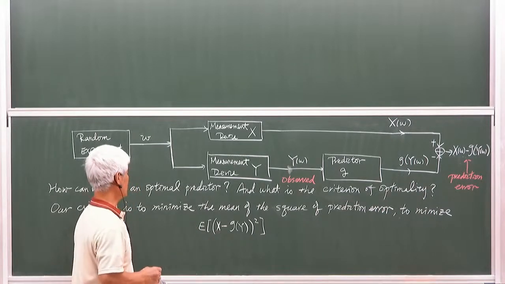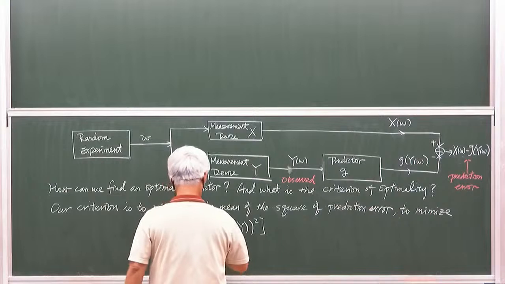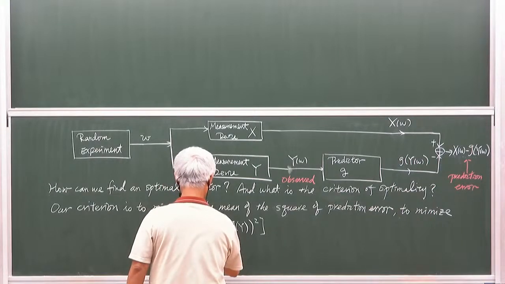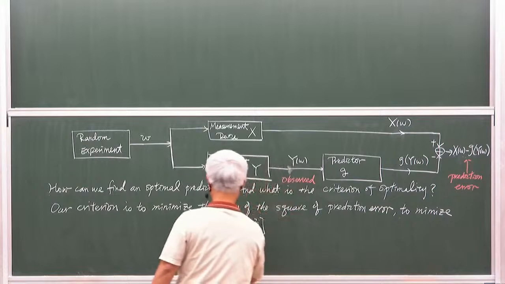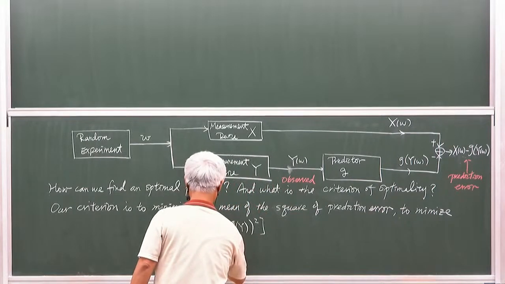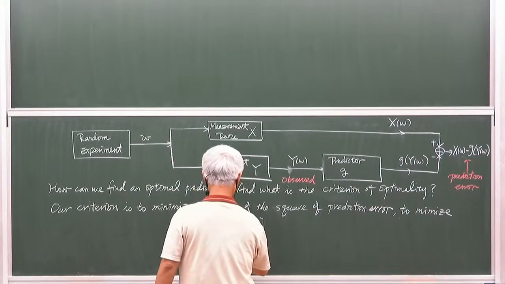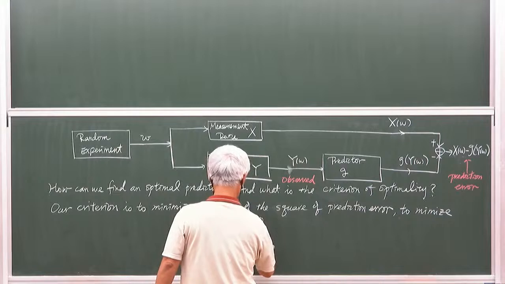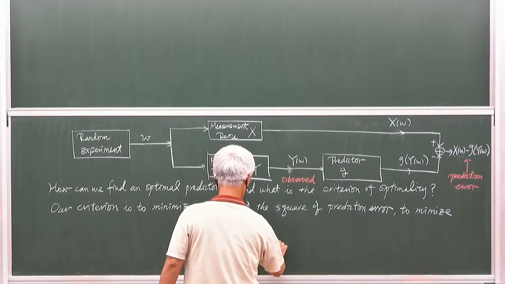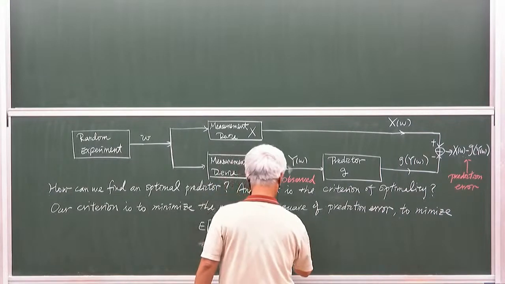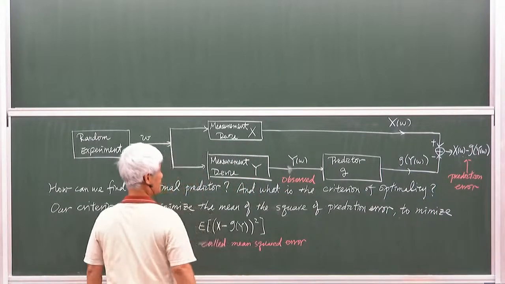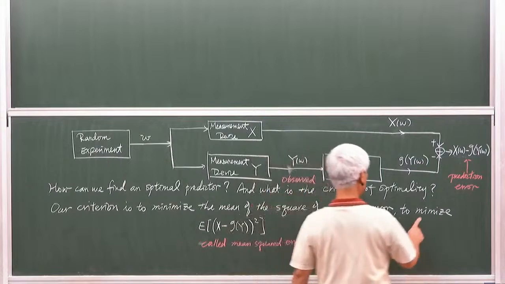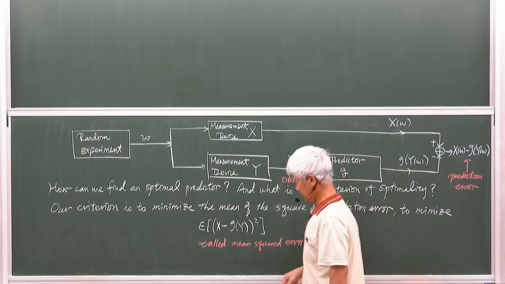This is called the mean square error. So we want to minimize the mean square error.